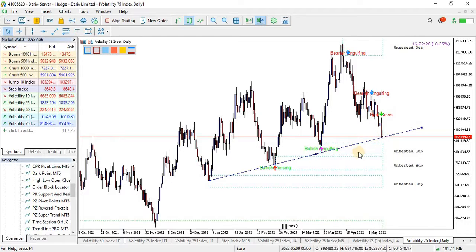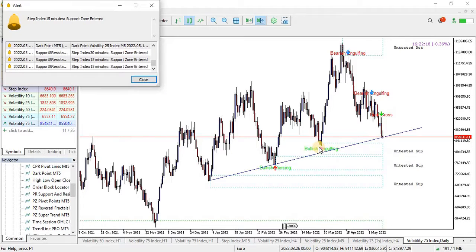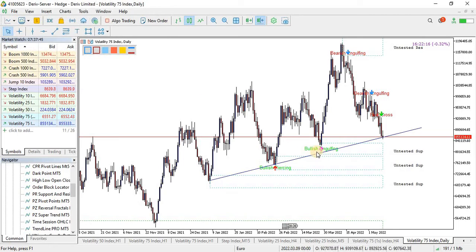But for now we're not sure, so we'll have to wait until we have a signal that indicates either we continue with a bearish move, or we will have a new change of direction after this support zone is tested.